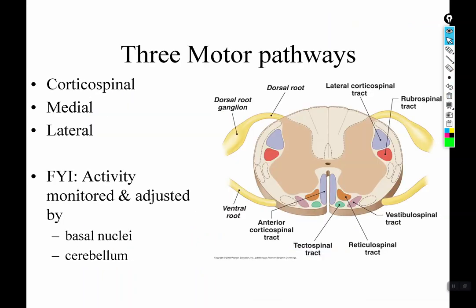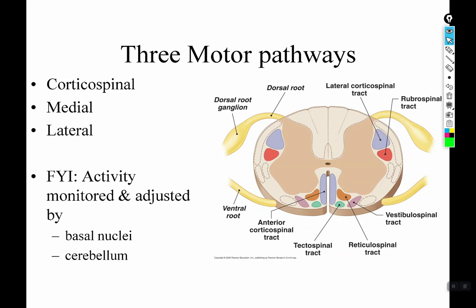So, three motor pathways. One of them is named sensibly, so it tells you information about what it does and where it goes, and the other two are just named for their position, which is unfortunate because that doesn't provide you with very much information at all.